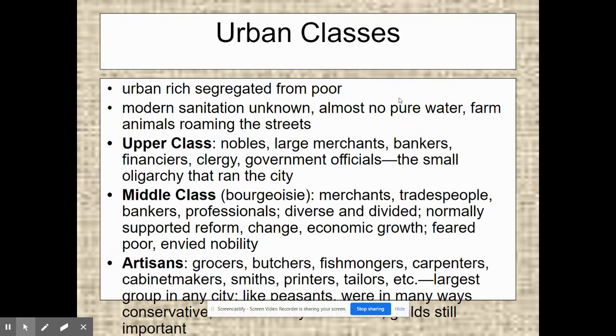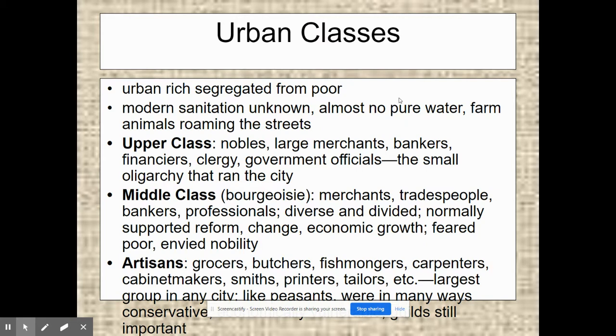You're going to see urban classes, the upper class nobility still there, large merchants, bankers, financiers. Then you're going to see the beginning of what we call the bourgeoisie, which is the merchant trader people, the tradesmen, like the craftsmen, the craft guilds, the bankers, the professionals. They're very diverse and divided.